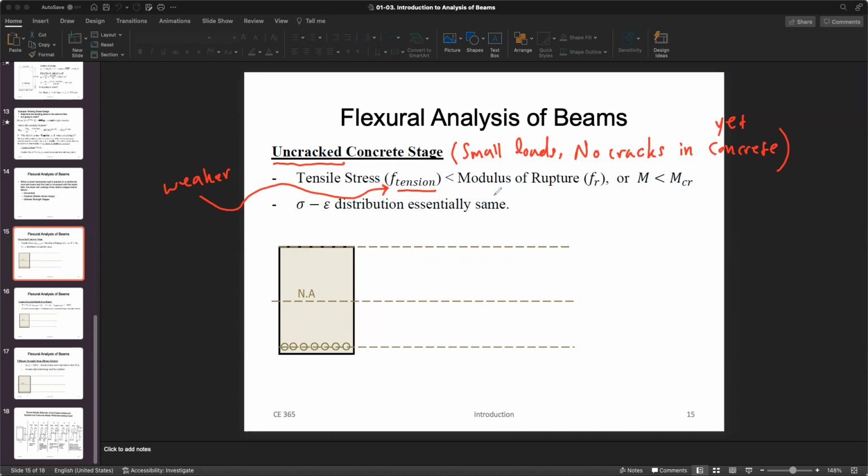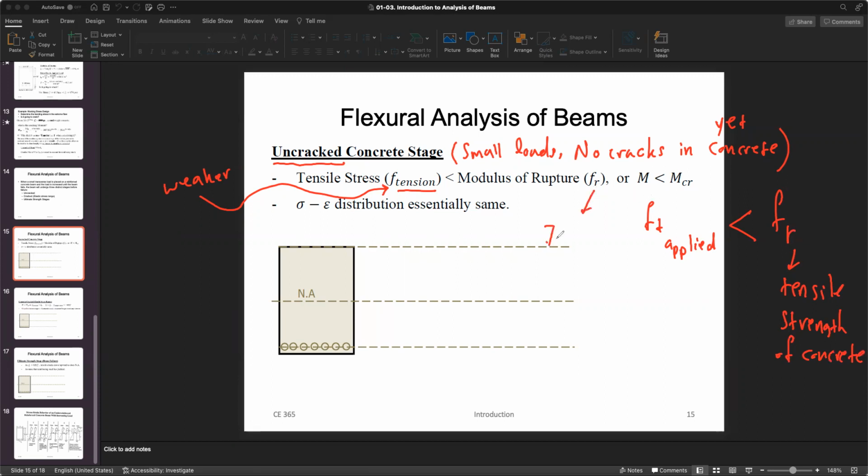So tensile stress, less than the modulus of rupture, right? Your tensile stress that you're creating, so I would say FT applied, all right? It is less than the modulus of rupture, which is the tensile strength of concrete in a way, FR. And you know how to find the FR, right?